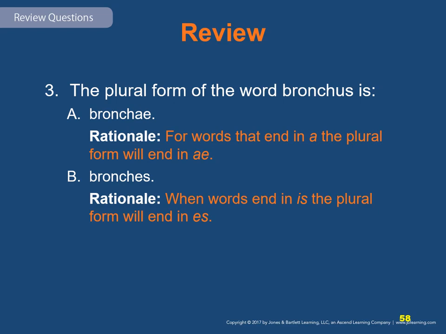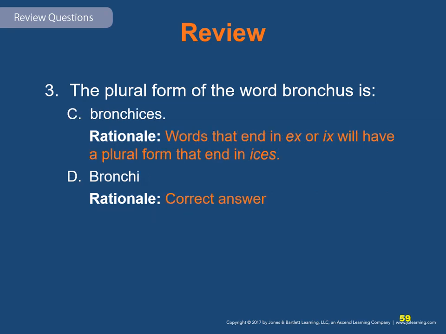Bronchus, when words end in IS, the plural form will end in ES. Bronchices, this one is incorrect because words that end in EX or IX will have a plural form that ends in ICES. In this case, bronchi is the correct answer.